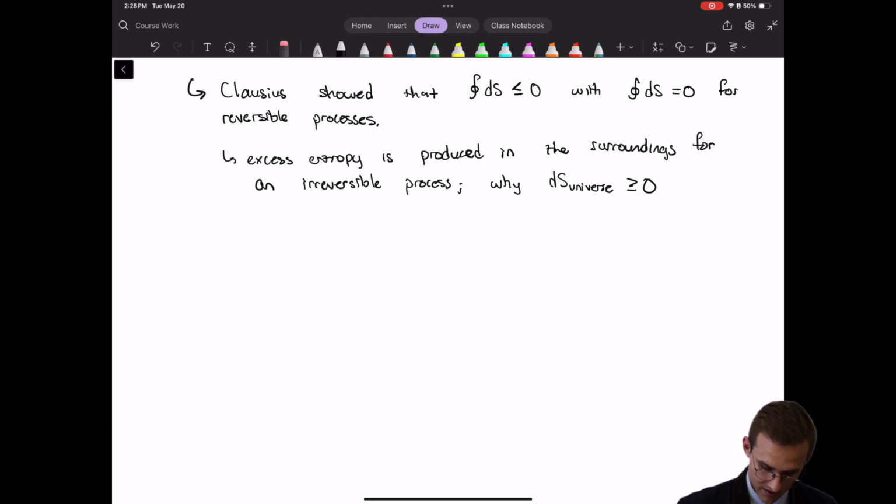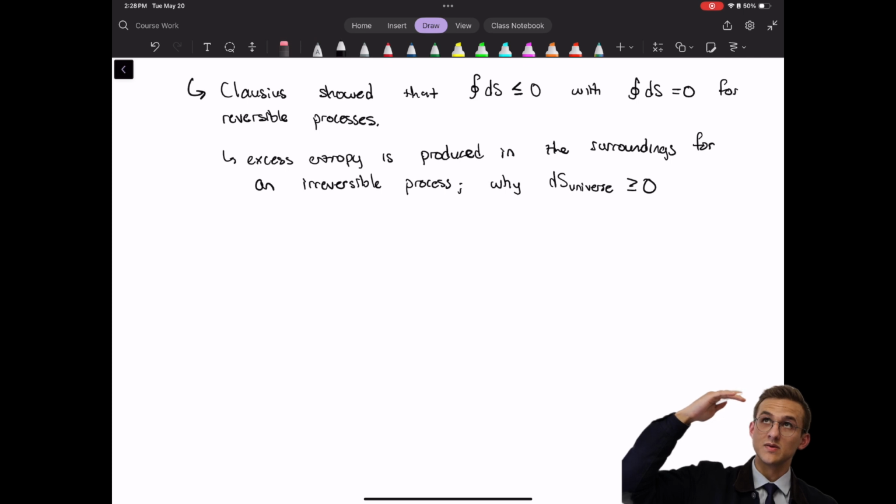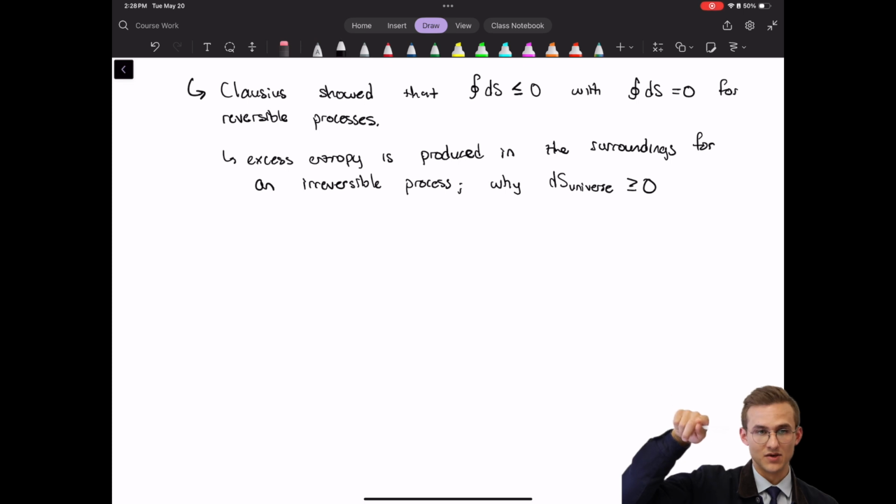And so let's assume, remember that the process has to be reversible for delta Q over T to behave like a path independent quantity.